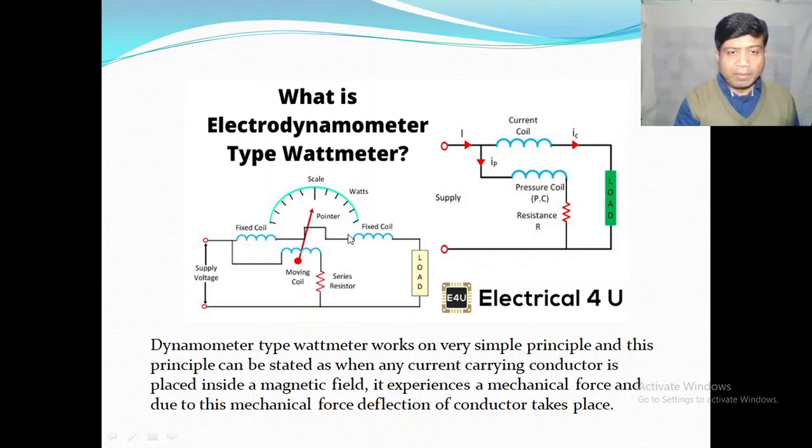Both of these develop electromagnetic fields, which results in the ultimate motion of the pointer. And because we are taking into account the voltage across the load and the current across the load, the pointer deflection, or the reading, reflects the power being measured in the load.